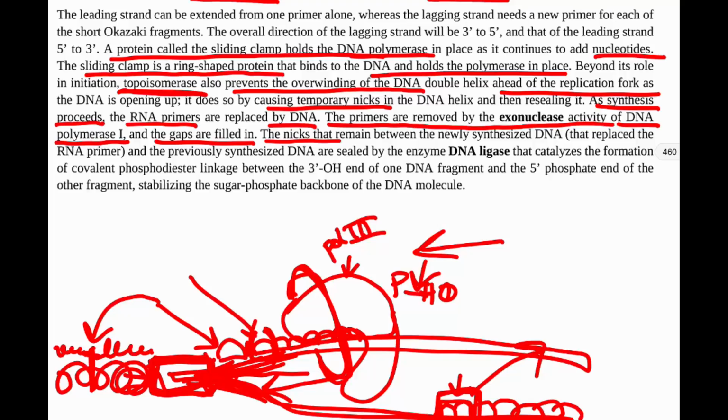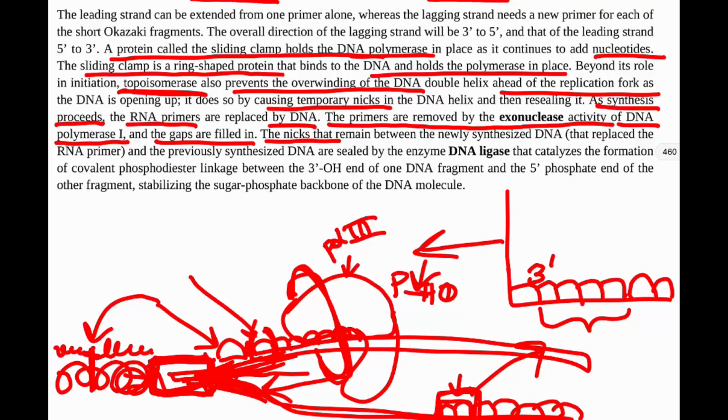So if I pretend that this is a zoom in here, we've got our 3' end here, and let's say this section here is where we've taken the RNA primer out. Our DNA polymerase 1 can go in and add nucleotides to here, but then we still have this broken piece here. It can't add another nucleotide, and our DNA polymerase 1 cannot make that bond there.